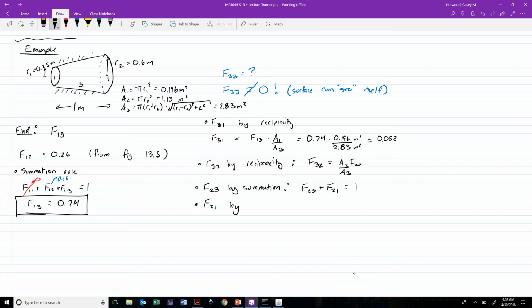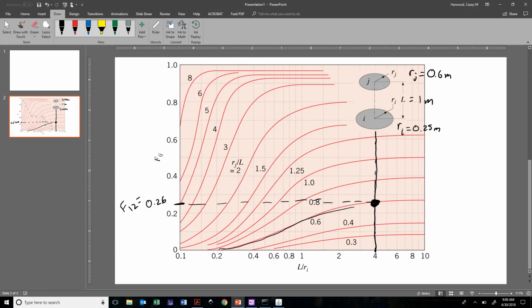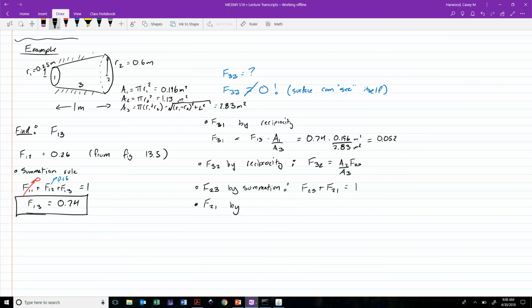F21, we have two ways of doing this. We could either use reciprocity with F12, or we could go back to the table or that figure, this guy right here, and we could just flip I and J and look up a different value on the graph. They're going to give us the same answer. Okay, we'll go ahead and go with reciprocity because it's most consistent with using these rules.